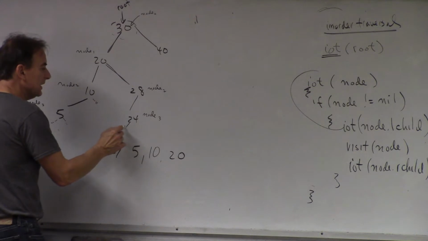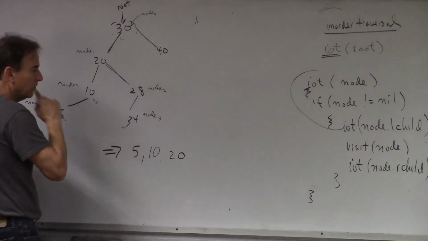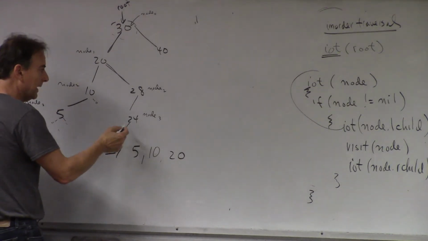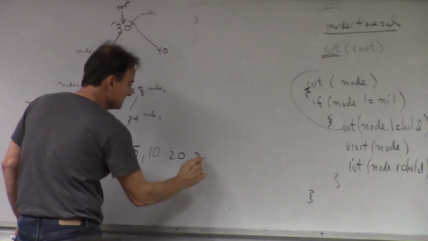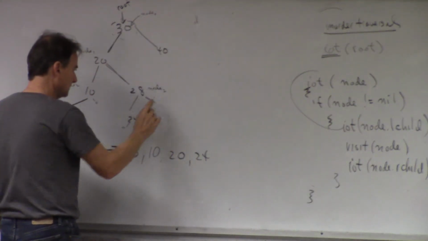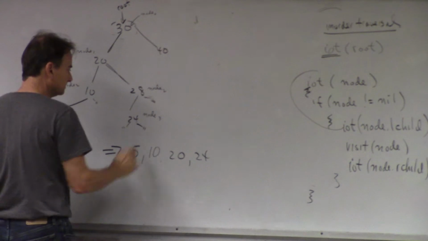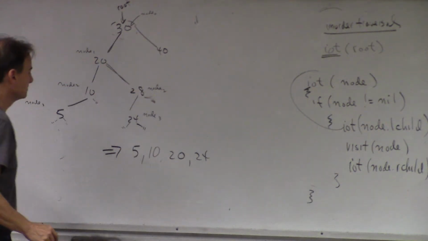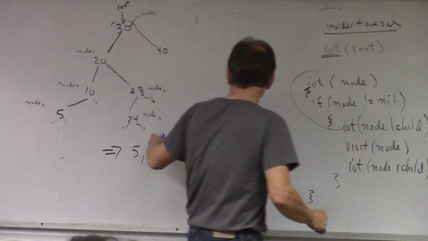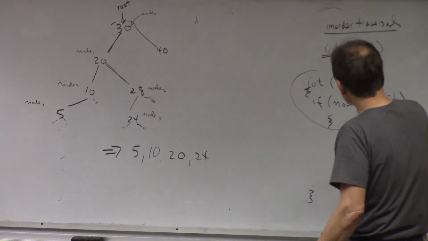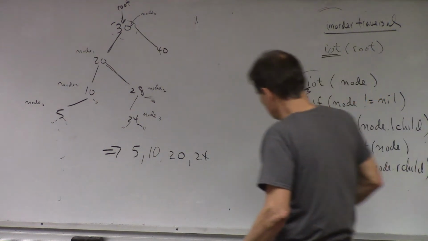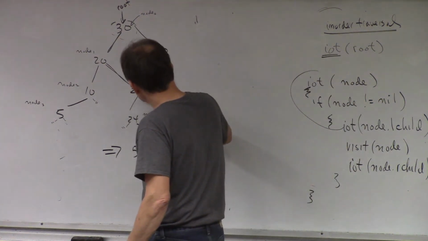From here, we're going to go to the left. Level 4, nothing going on. Come back. Visit. We go to the right, there's nothing to do. We're going to come back to 28.